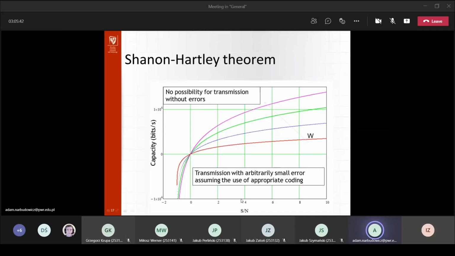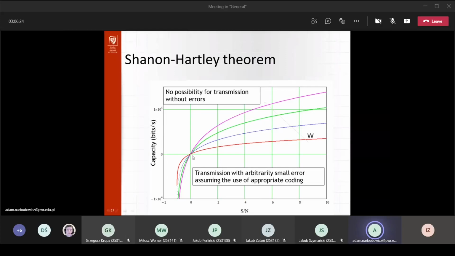Okay, now what is actually important here is that even for a noisy signal, you can still transmit some information. So basically, as your signal deteriorates, even if your signal-to-noise ratio is close to 0, which means you have much more noise than signal, right?